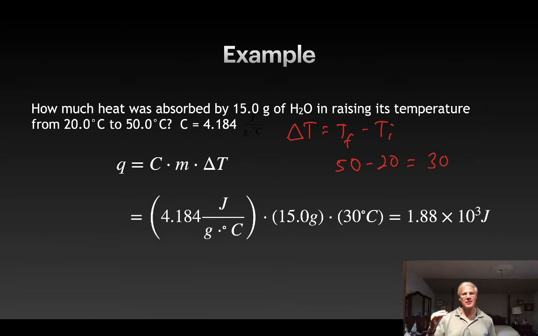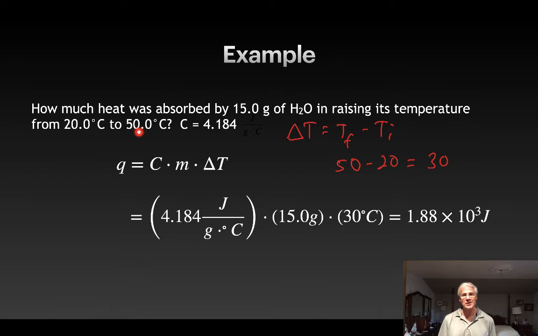Again, remember that negative or positive values for heat always indicate two things. The positive or negative sign indicates heat flow, and the value indicates how much heat flowed in that direction. So here we have a positive heat flow, and that means that heat went into the system. We see it went into the system because the temperature got warmer.